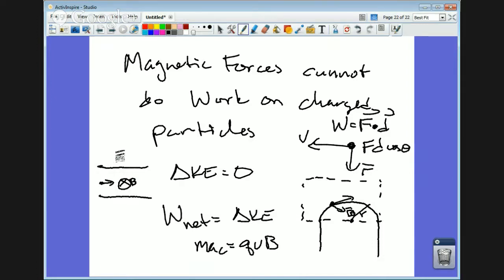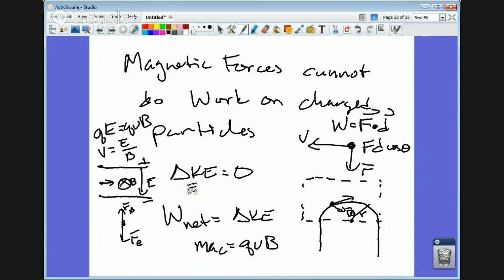So we would want to have this be the positive plate and that be the negative plate, so the E field goes down, and we end up with FB going up, FE going down, and if your speed is correct, which remember, QE is equal to QVB, so that speed is E over B, then that particle will go through undeflected. It does not matter if it's positive or negative.